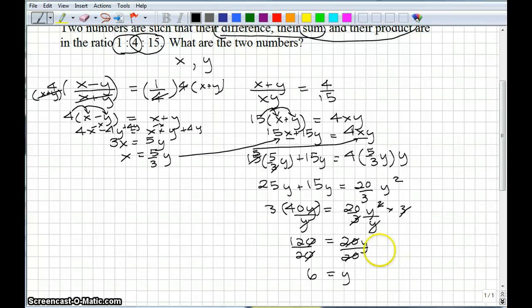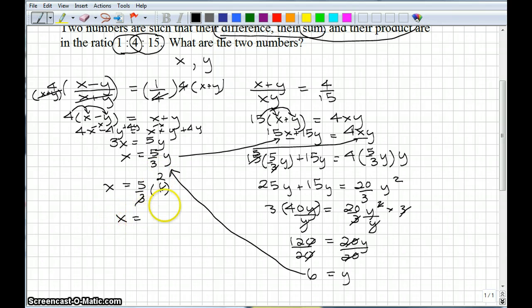Now that we have y equals 6, let's come back to this equation that we used to substitute, and we can figure out x. So x is equal to 5/3 times 6. We can divide the 6 by 3, we get 2.